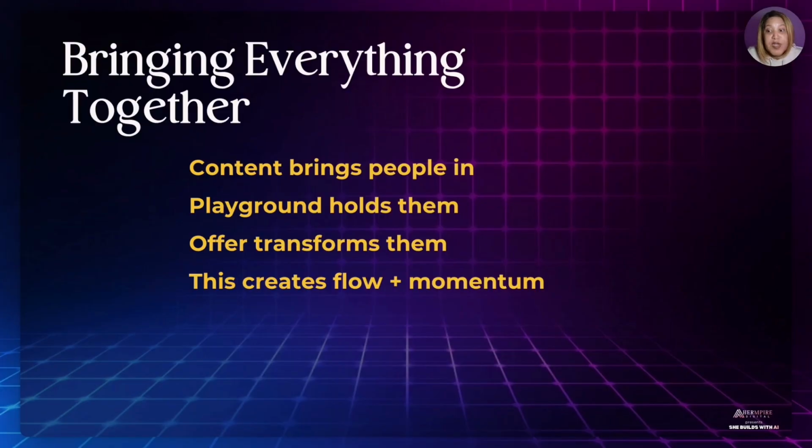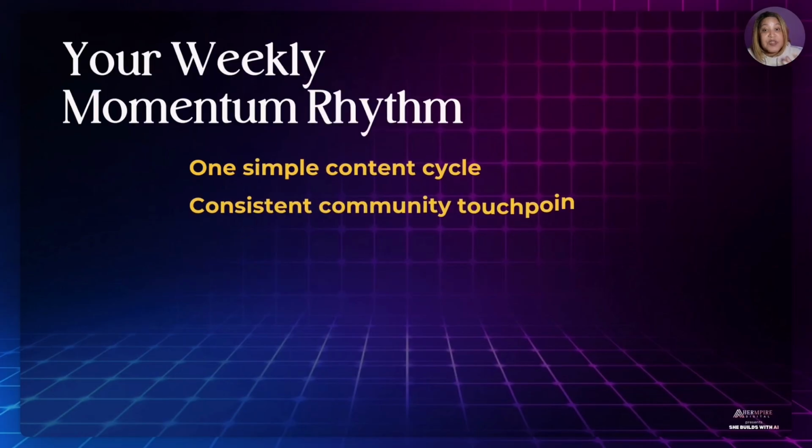And your offer transforms them. So your content brings them in, your playground holds them, and your offer transforms them. So when these three work together, your business finally has a flow. It has clarity, predictable momentum. Okay? That's what that's all about.